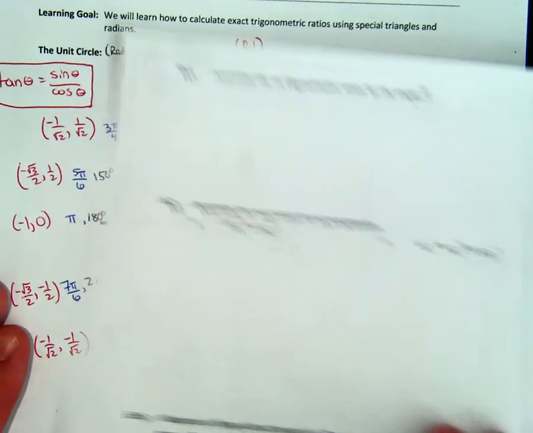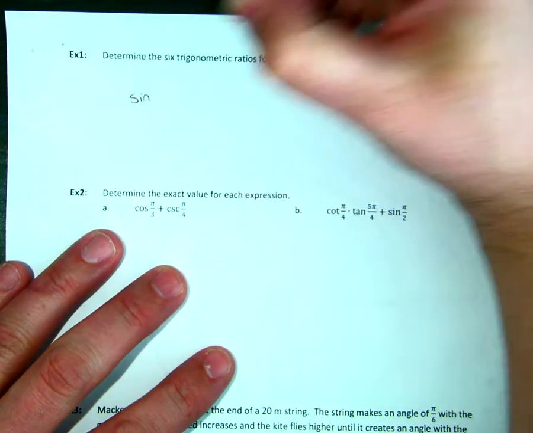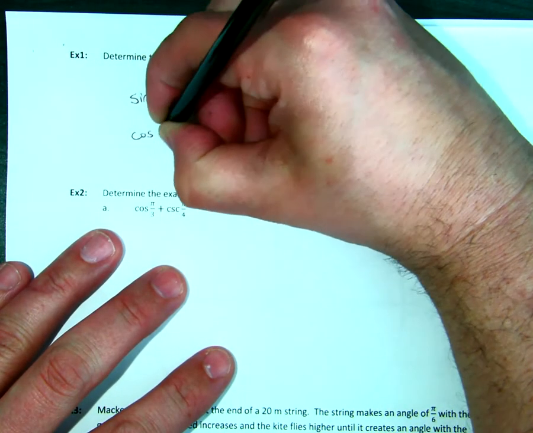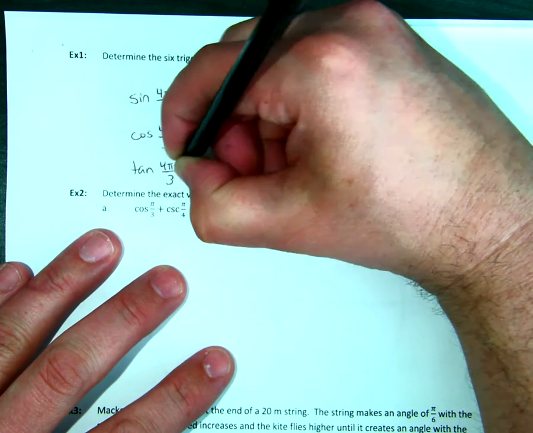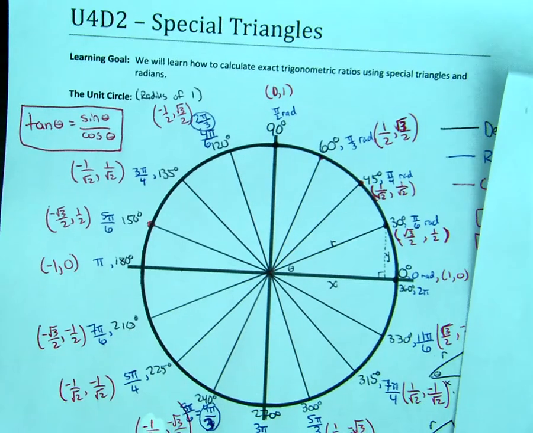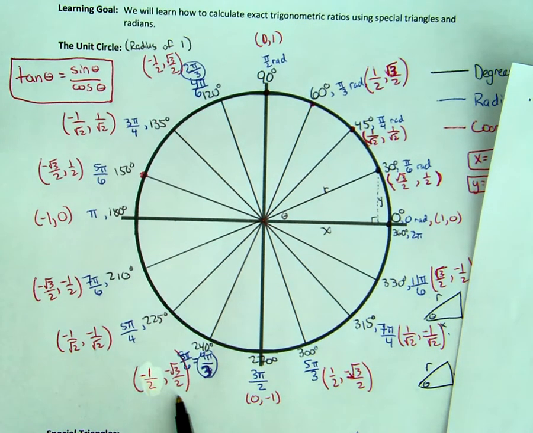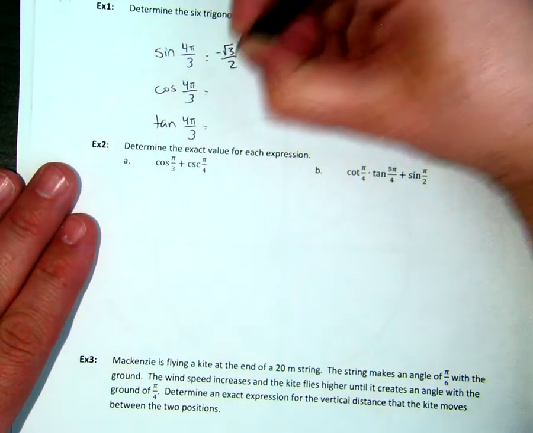So if I want to work out sine of 4 pi over 3, cos of 4 pi over 3, and tan of 4 pi over 3. Sine and cos are easy. Sine is the y-coordinate, so you look on your unit circle. The y-coordinate is negative root 3 over 2.